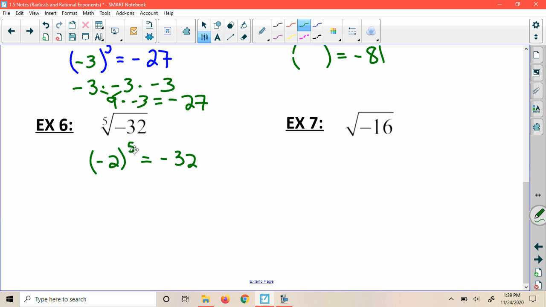So negative 2 to the fifth power equals negative 32. And it really does work out. If you times a number by itself 5 times, it will end up coming out negative. So that worked out just fine. Taking it back a little more simple now, the square root of negative 16. Pretty much instantaneously, people said, not a real number.